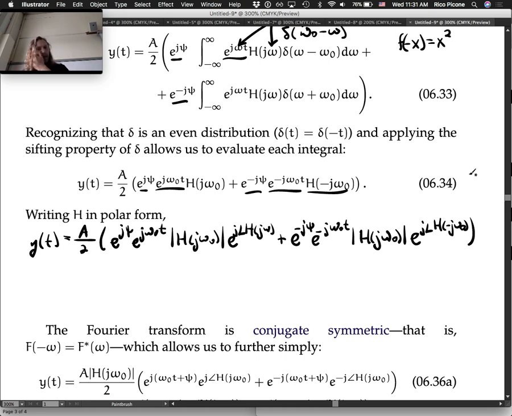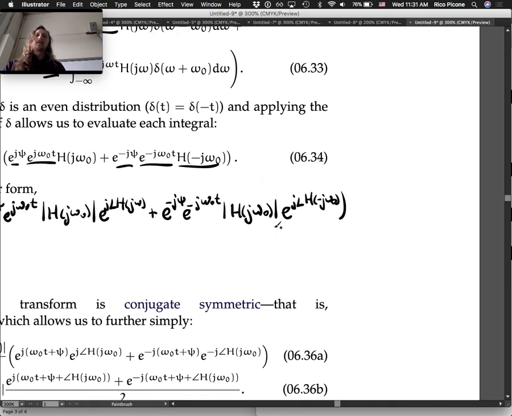Okay, so we're getting somewhere, but let's remember for just a moment, in case we've forgotten, that the magnitude of h of j omega naught is just going to be the square root of the real part of h of j omega naught squared. So it's the root sum of the squares, right?